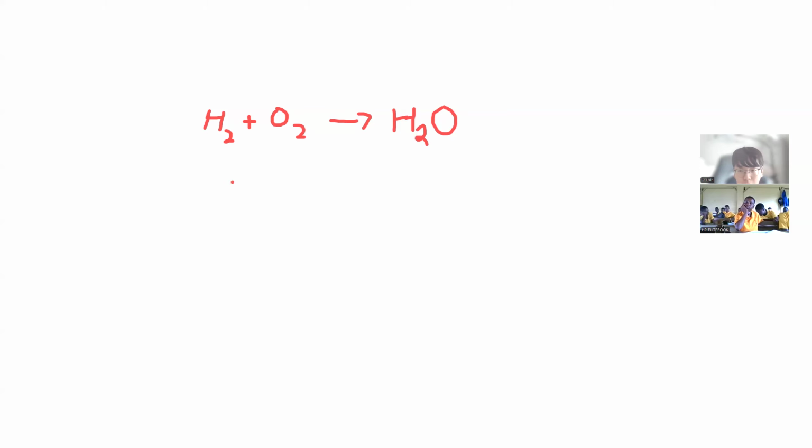How many hydrogen atoms on the left side? There are 2. You can see from here, we have 2. How many hydrogen atoms on the right side? There are also 2, right here. On the right side, there are 2. Let me separate this.